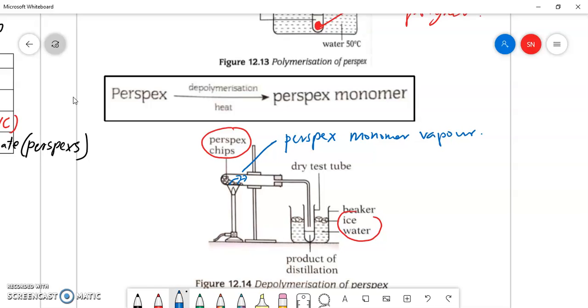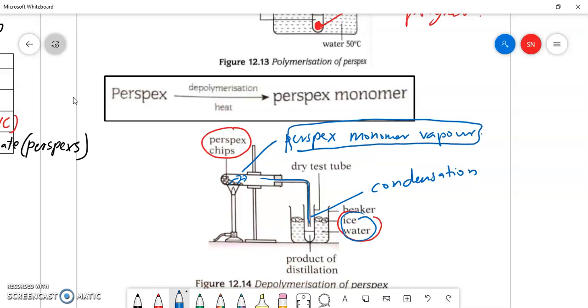When this vapor comes down the test tube, because we have a combination of ice and water, it cools down, and in this section condensation happens. The perspex monomer vapor will then solidify. So that is the product you get as a perspex monomer.